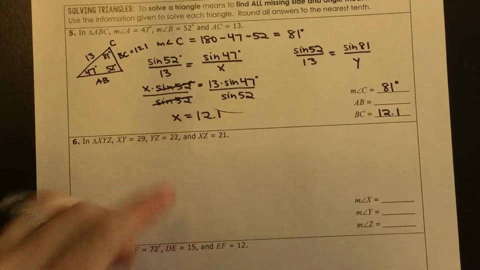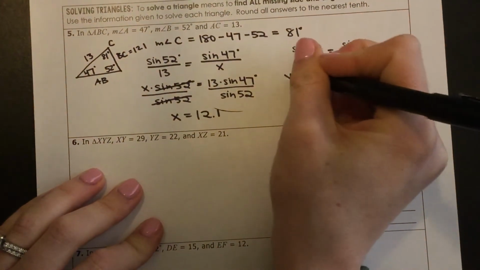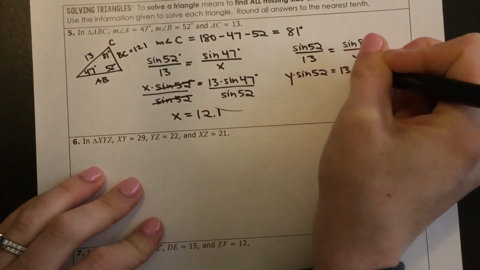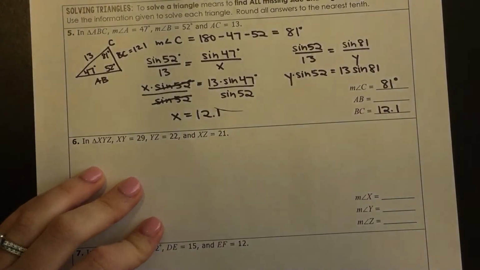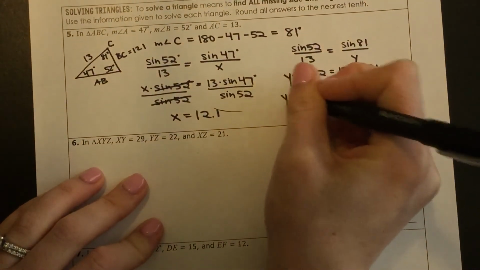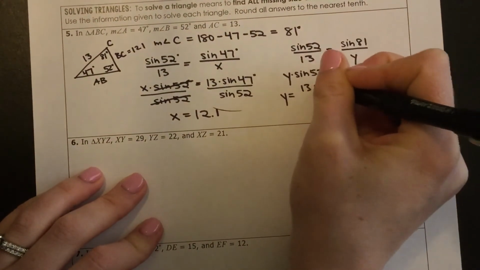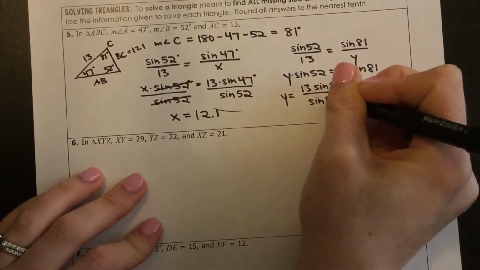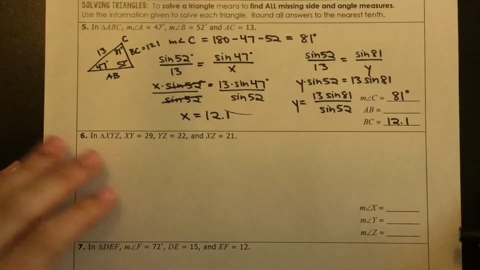Okay, so same exact thing that I just did here. Cross multiply, I get y times the sine of 52 equals 13 times the sine of 81. Divide both sides by the sine of 52. And I will plug that expression into my calculator.